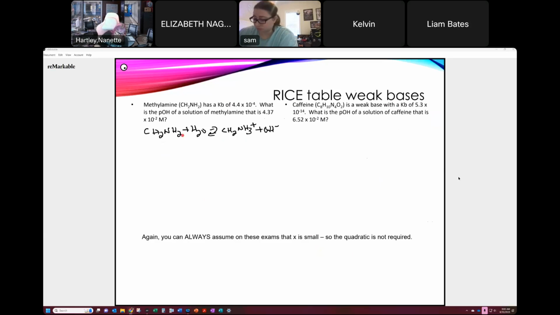Now, remember that this is aqueous, this is a liquid, this is aqueous, and this is aqueous. So that would give me a K equal to that CH2NH3 plus concentration times the OH minus concentration over the concentration of CH2NH2.